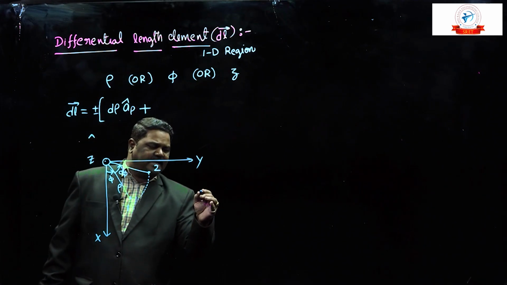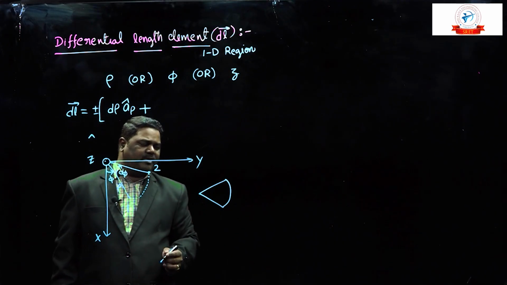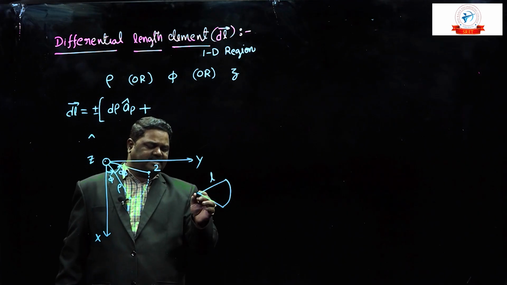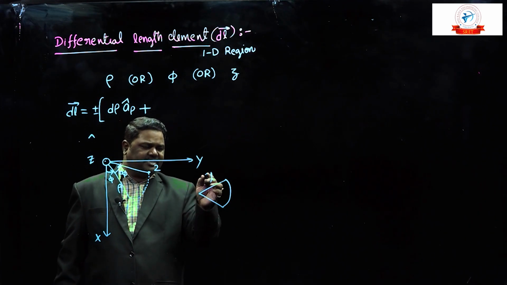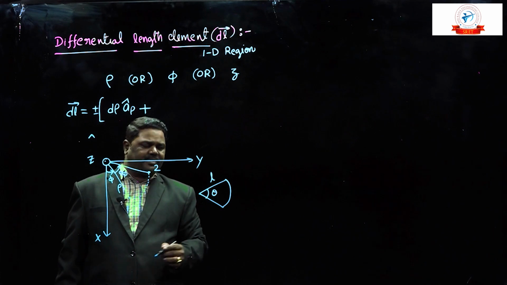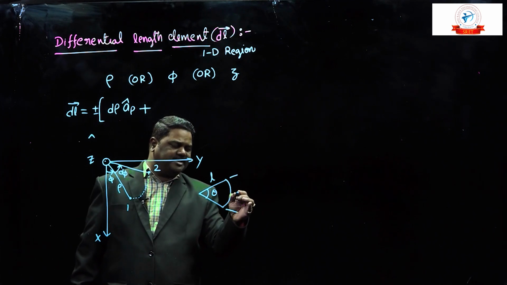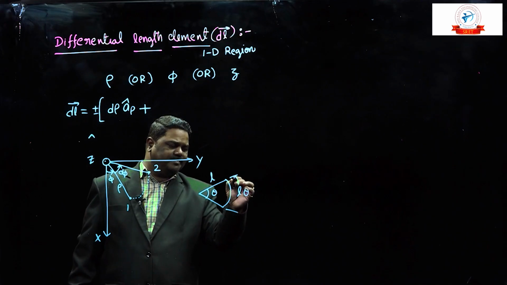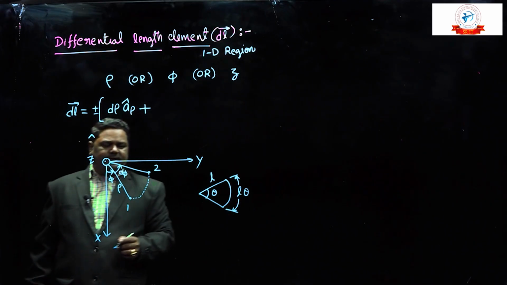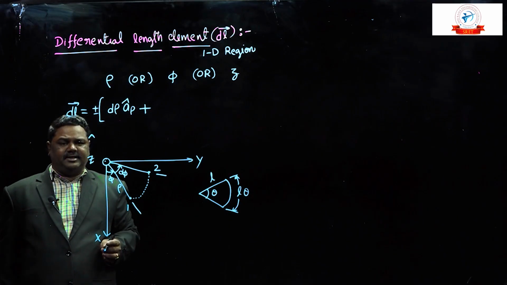You know that if the length of the arm is L and the angle made by the arc is theta, then the arc length is L into theta. According to this, can you tell me what is the length of this curved path or arc length?